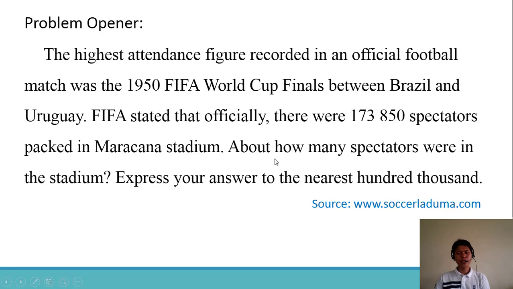Since we don't need to apply any operations, the number sentence or number equation would not be applied here. So instead, we are going to solve the problem. In order to do that, we need to understand the concept of rounding off or estimating because of this phrase about how many. So we proceed immediately to solving this problem.